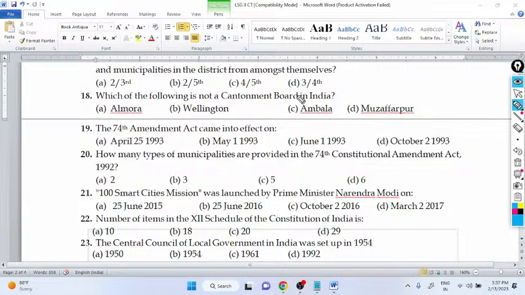So it is in Muzaffarpur, there is no cantonment board, it is in Bihar. Wellington is in Tamil Nadu.